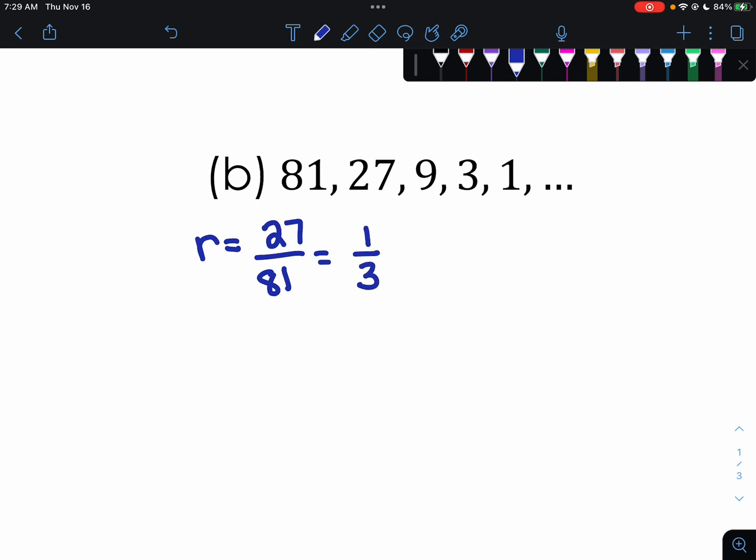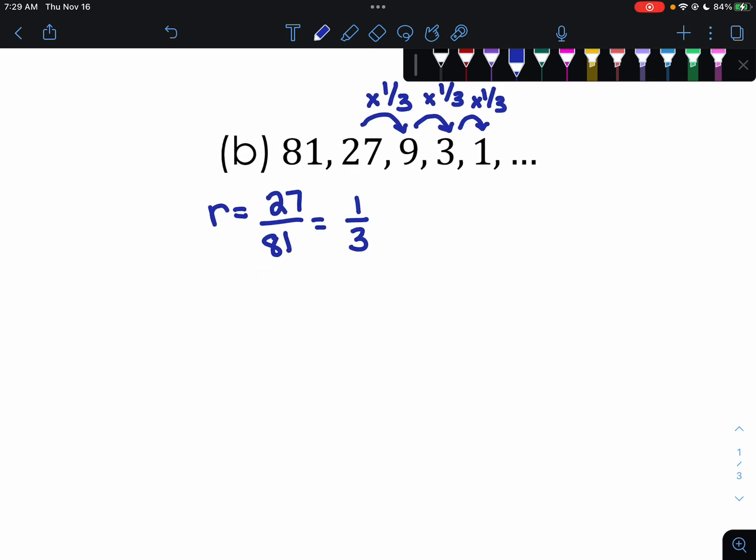If I multiply by 1/3 again, I get 9, then 3, and then 1. Multiplying by 1/3 is the same thing as dividing by 3. Since we are multiplying by the same number each time, this is a geometric sequence.